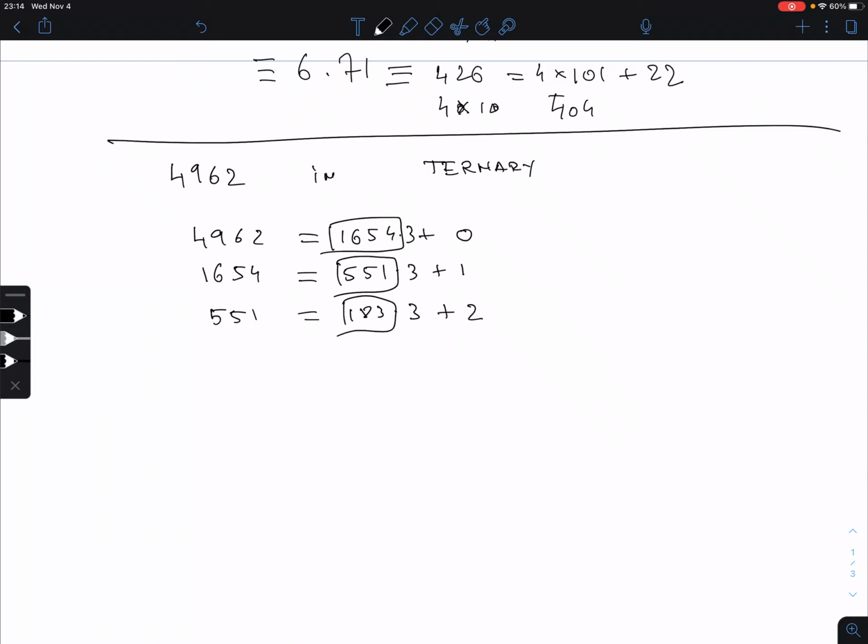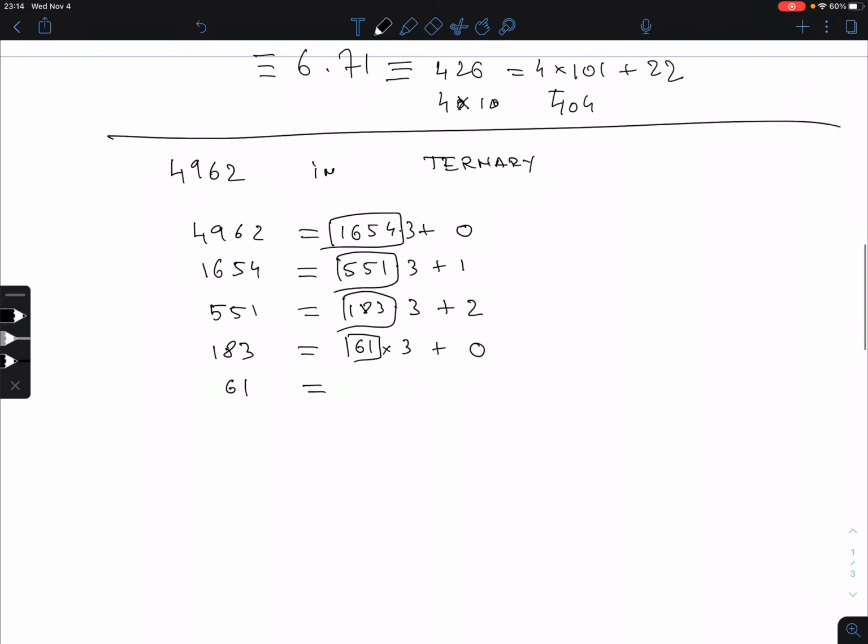Then take this number, 183, divided by 3, that's 61 times 3. Is that possible? Of course. That just means that we're going to have another digit 0 here. Take your next number, 61 divided by 3. Now we can do this in our head: that's 20 times 3, 60, plus 1.